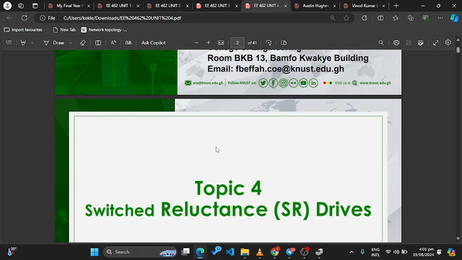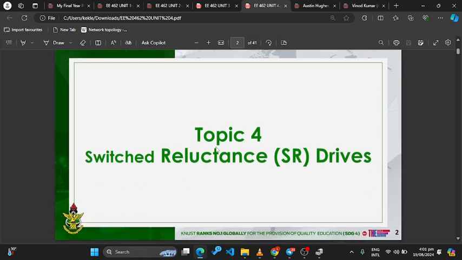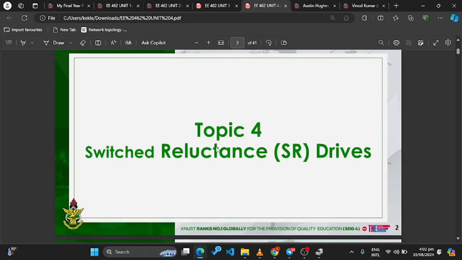Okay, so we are starting with the SR drive, the switch reluctance drive. For those of you who did special machines, this is not the first time seeing motors that use the reluctance principle.